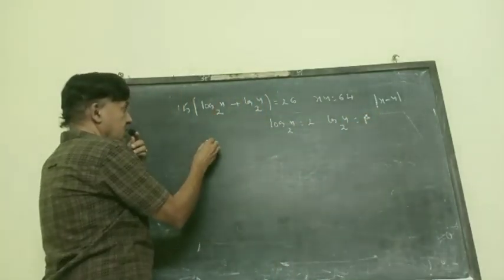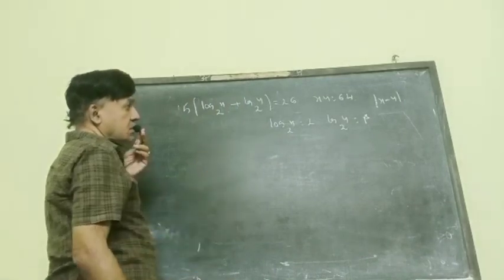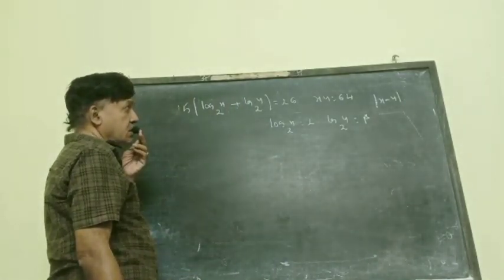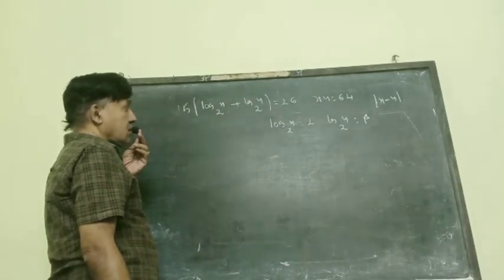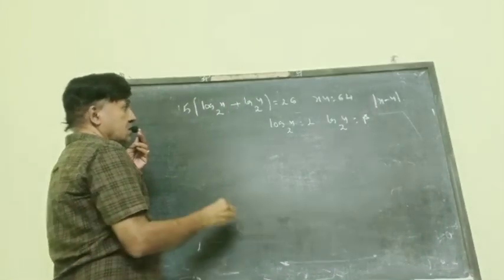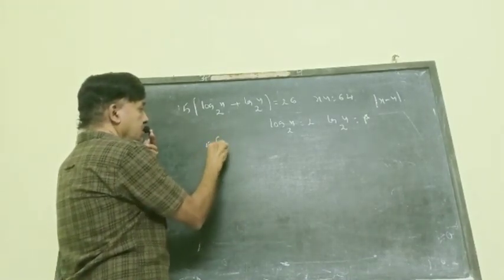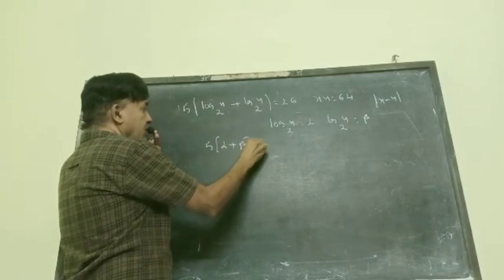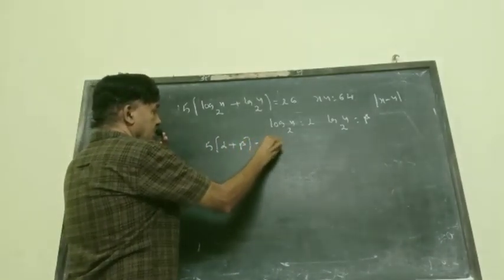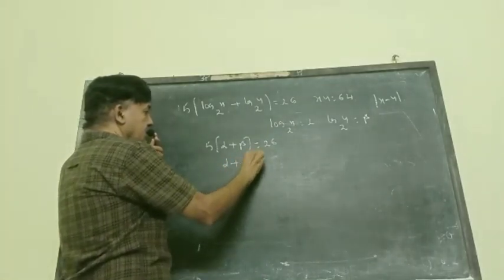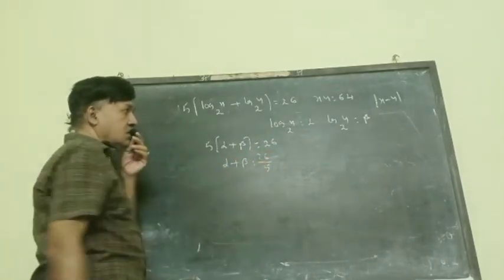Then you are going to get 5 into (alpha plus beta) is equal to 26. So alpha plus beta is equal to 26 by 5.